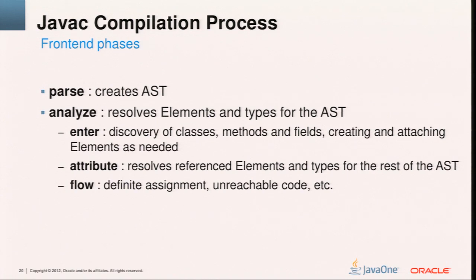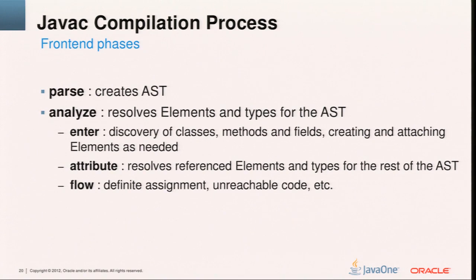So basically, as every compiler that produces some executable code, javac has two parts. It has a front end that analyzes the Java source code, if you will, and a backend that actually produces the class files. And for us, the most important is the front end, because it produces the attributed AST.